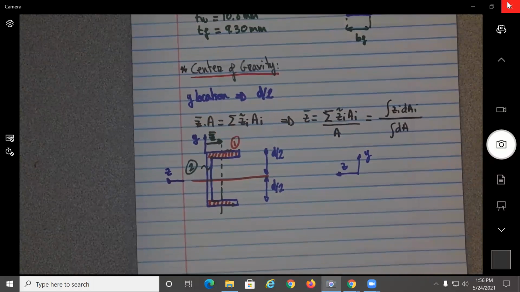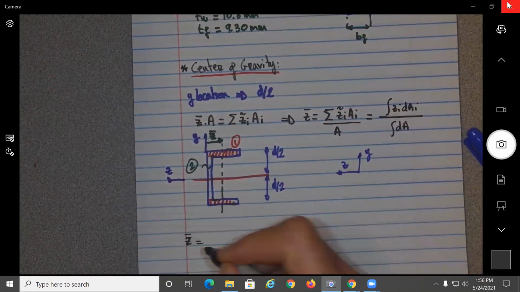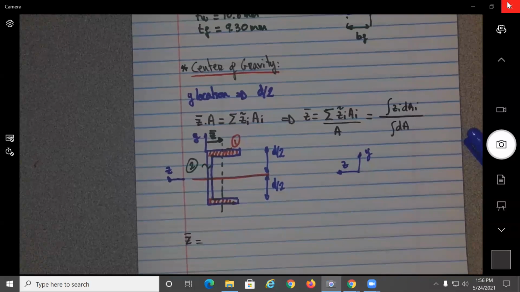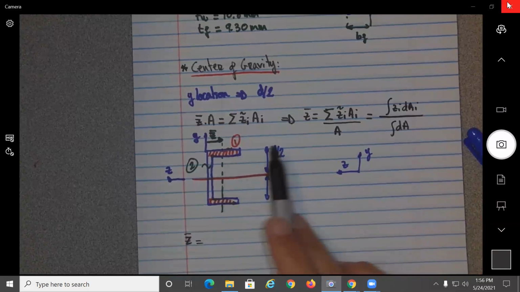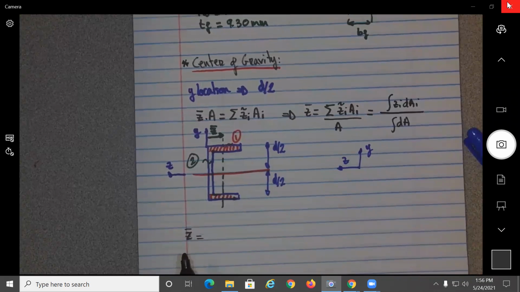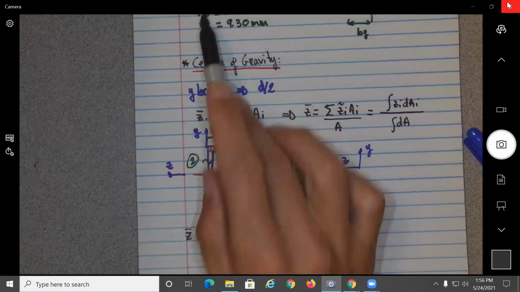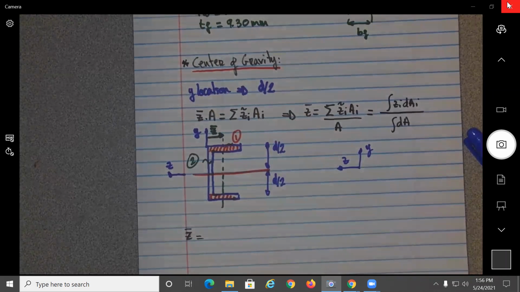Okay, so what would that give us? Let's do first the white part. So we use this equation. Let's use Z bar. Let's use this equation here. So let's try to first find what is the Z location for the sections 1 and 2. Should be basically B flange divided by 2, correct?